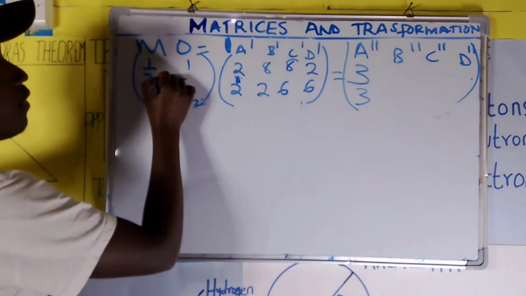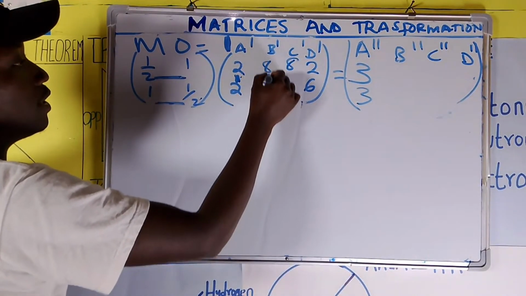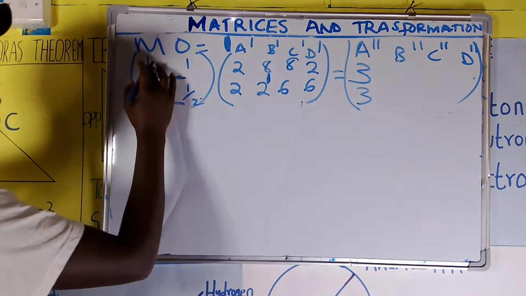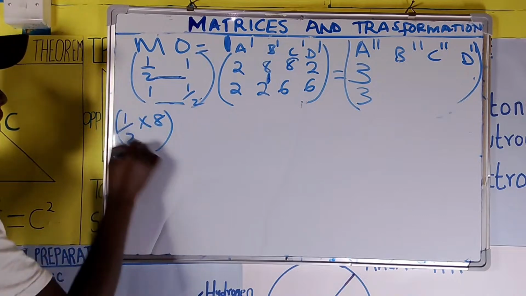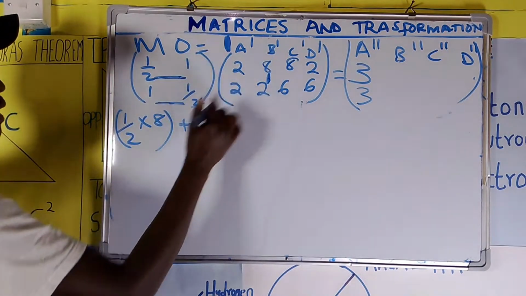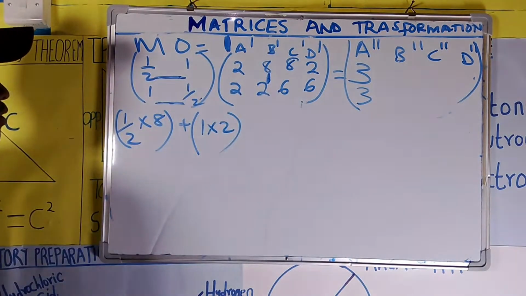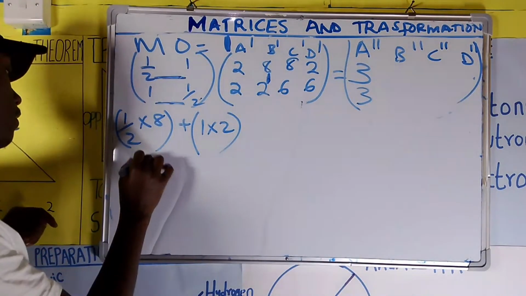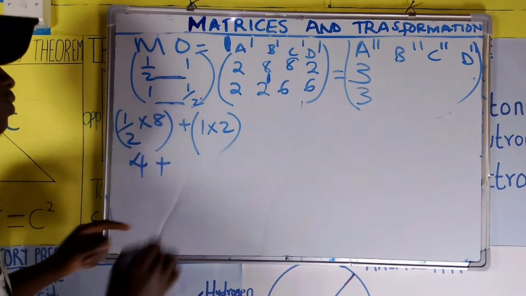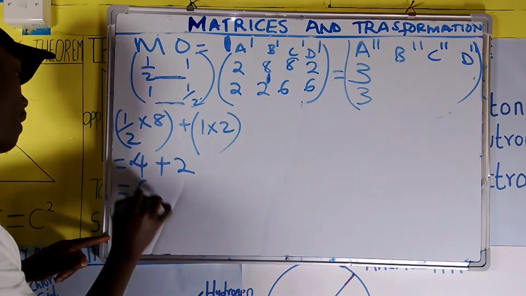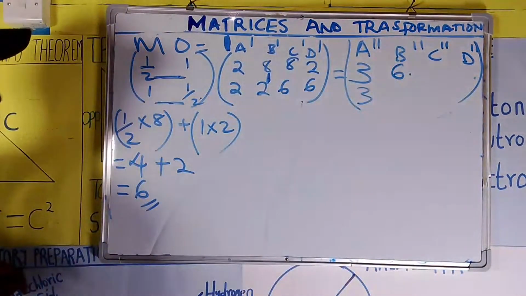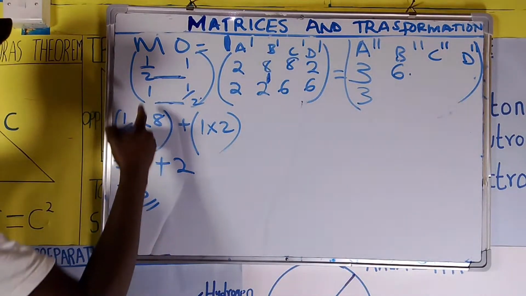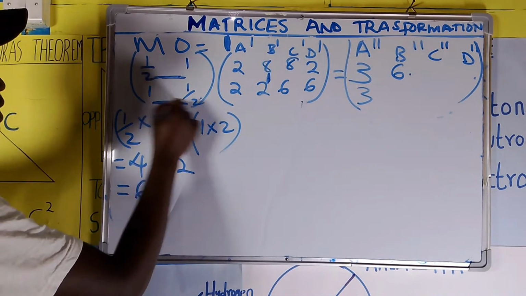A half 1 and 8 2. So ni a half times 8 plus 1 times 2. So a half times 8 is 4. 4 plus 2 is 6. Then a half hii ya chini na hii.